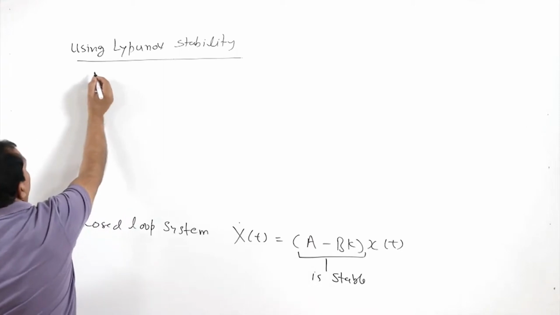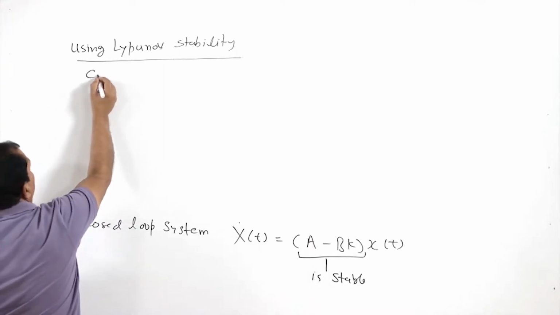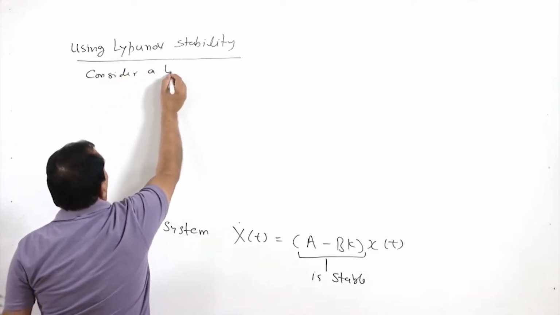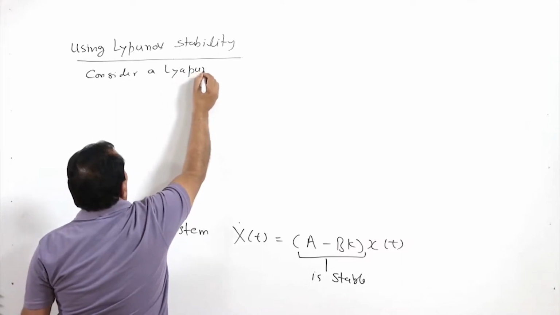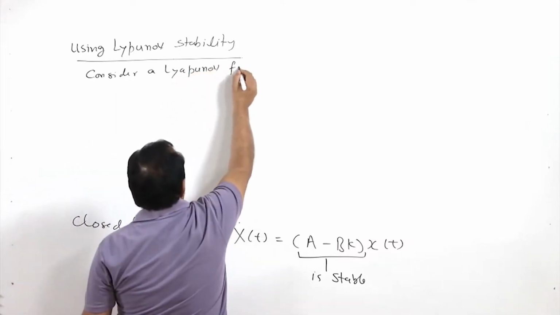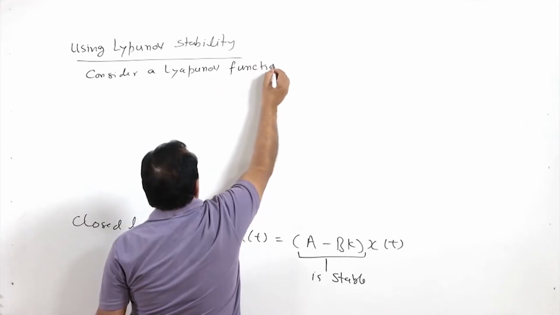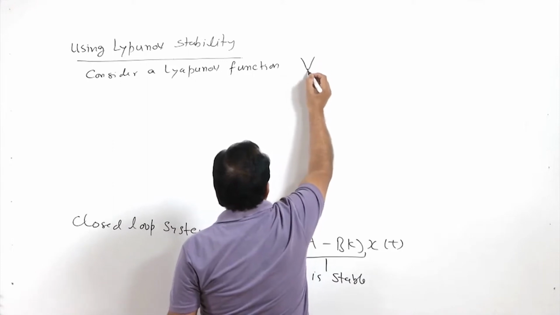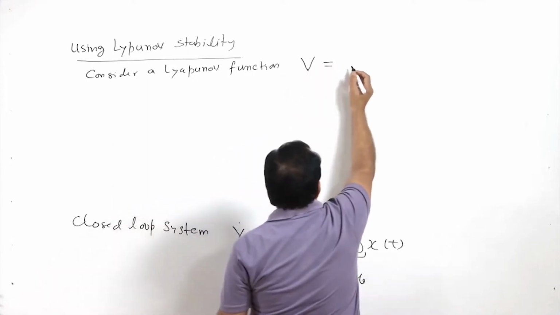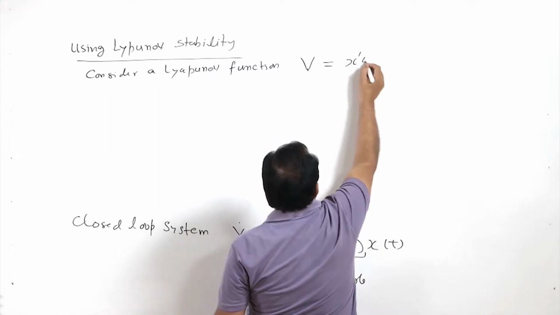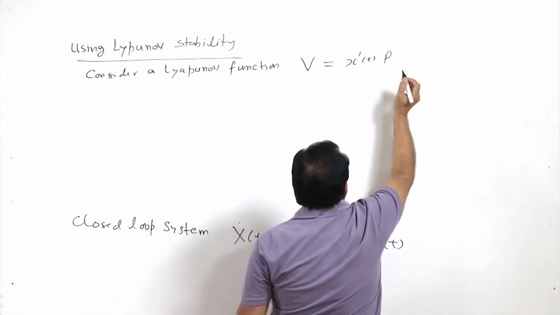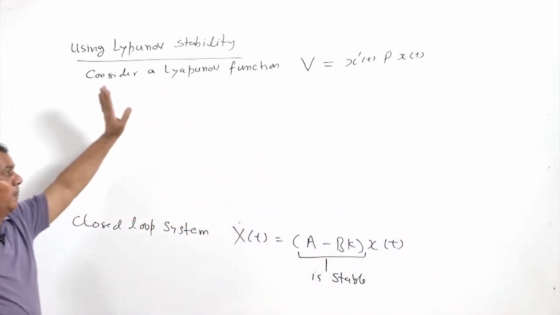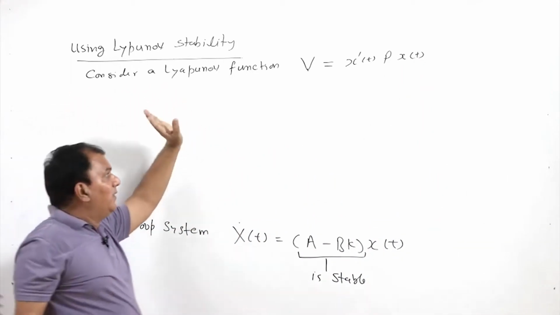Let us consider a Lyapunov function. By the definition of the Lyapunov function, let us say V is x transpose P x, as we have done in the time varying case.